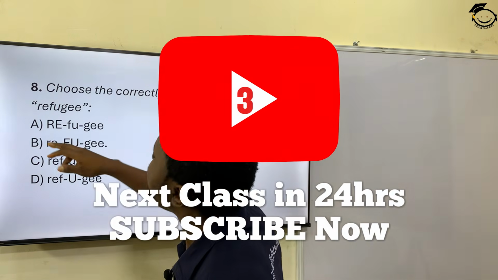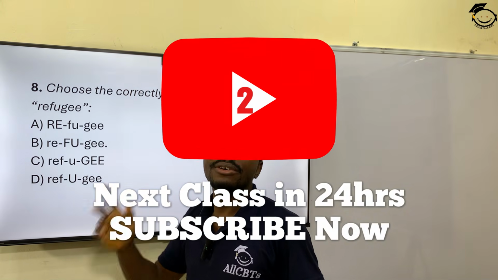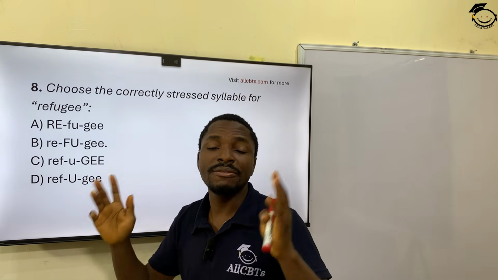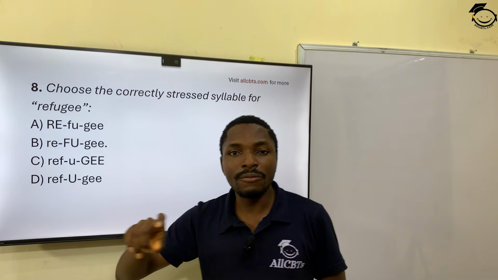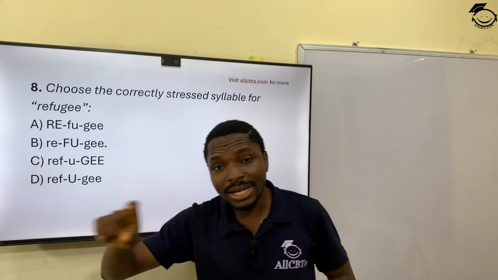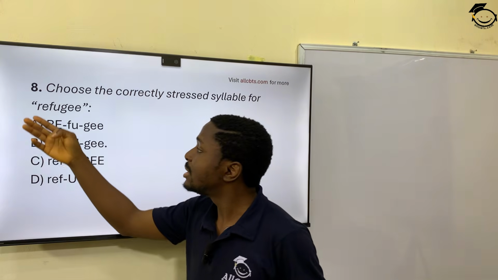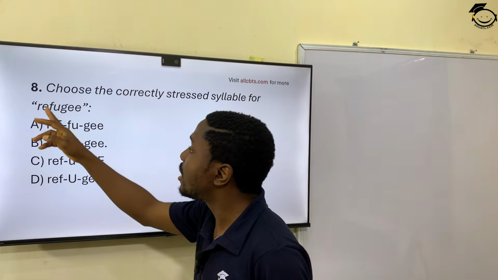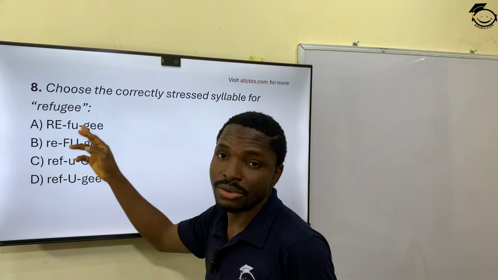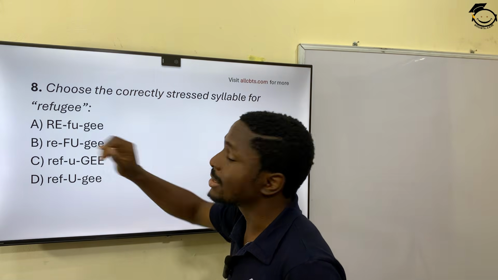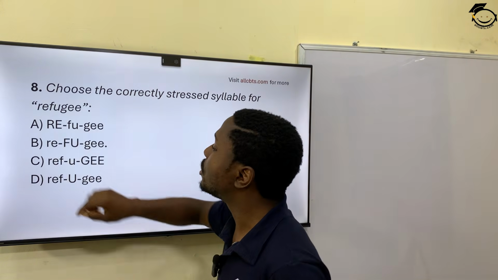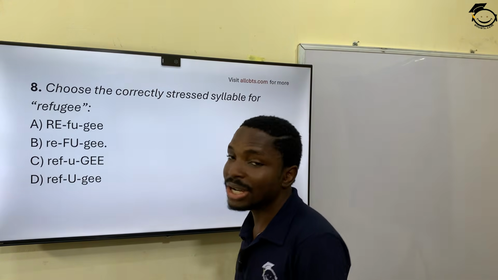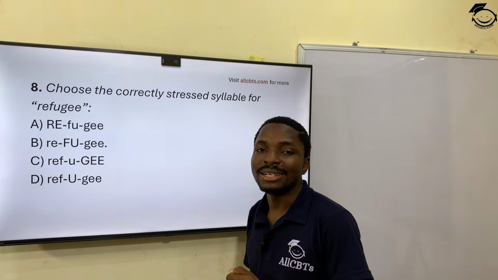But in this case, it's refugee. She's a refugee. So the stress is on what? Few rather. Fu has the longest stress, it's in 3 syllables. You have refugee. Okay, so fu has the longest stress on it in this particular word. So B is the correctly stressed syllable in refugee.